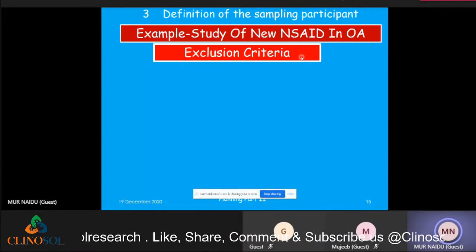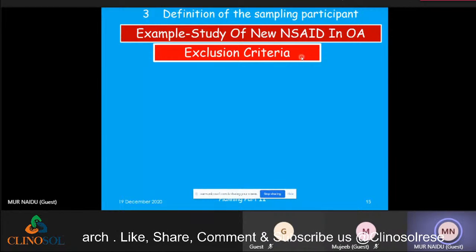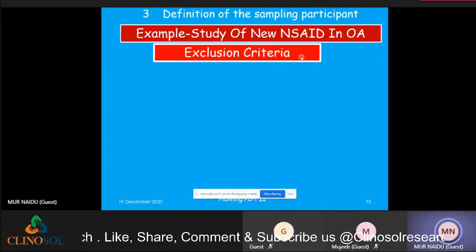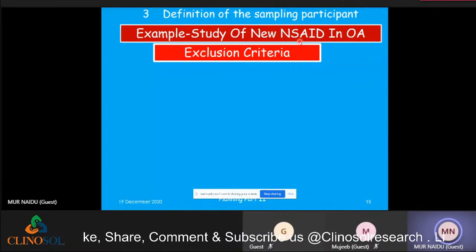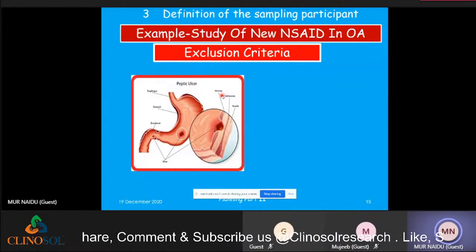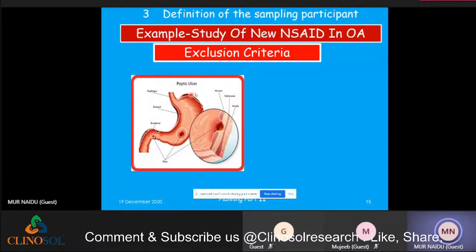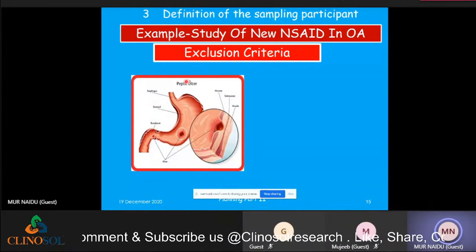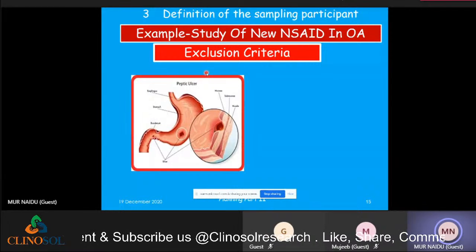Now coming to exclusion criteria. By my medical knowledge or by my pharmacology, I know that non-steroidal anti-inflammatory drugs cause significant gastric irritation. So they are contraindicated in peptic ulcer or any duodenal ulcer. So this becomes one of the very important exclusion criteria.